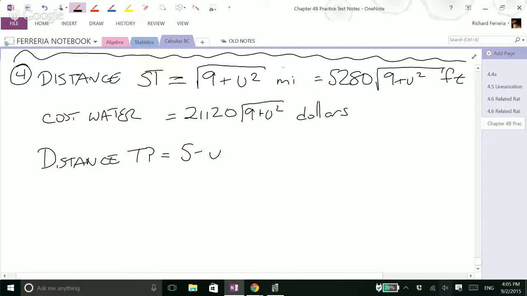That's in miles, right? How many feet is that? Multiplied by 5280, right? 5 times 5280? 26400.